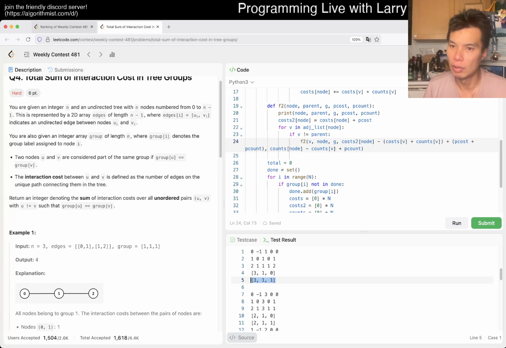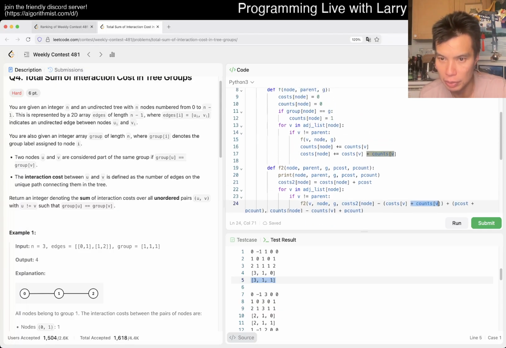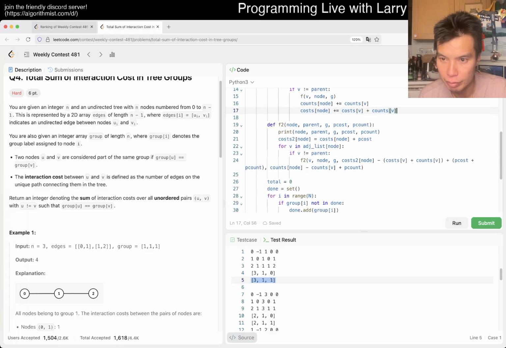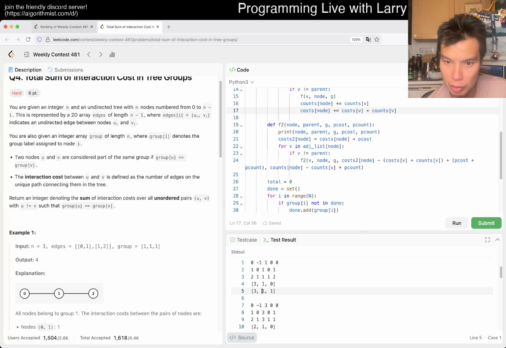Because this cost contribution, because we have this thing. And then now P count. I mean, 1 is wrong, right? Okay, P cost is 0, which should be right. By itself has to plus P count.